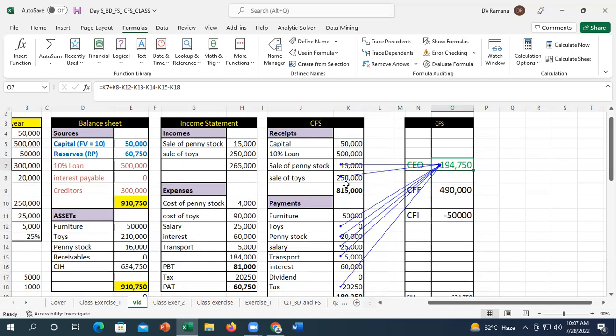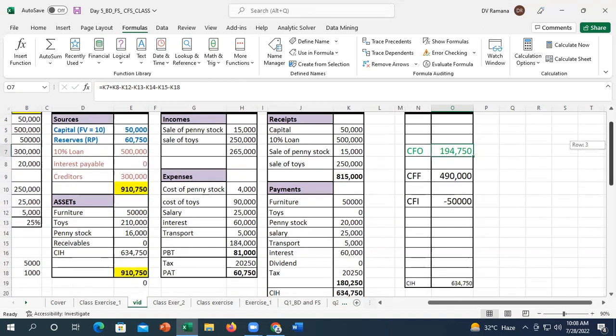The sale of toys, so receipts from sale of penny stock, plus receipts from the sale of toys, minus the purchase of toys cost, minus the payment of the penny stock, minus salary, minus the tax is the CFO. So CFO in this example is positive.